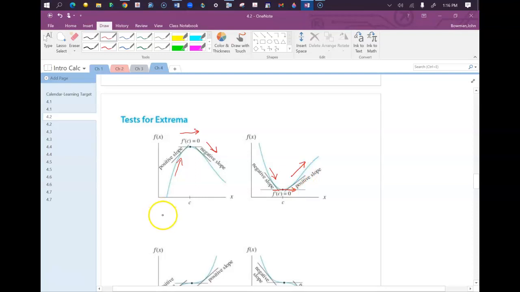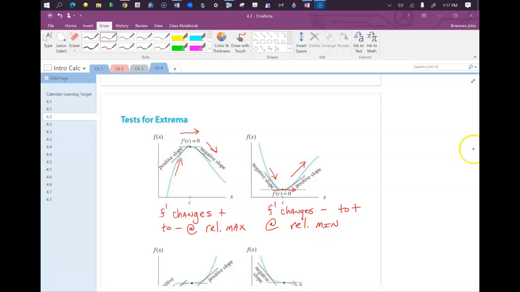So what we can say is f prime changes from positive to negative at a relative max. Similarly, we can say f prime changes from negative to positive at a relative minimum.